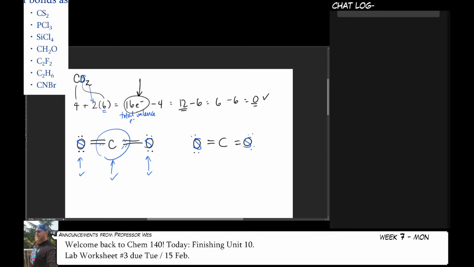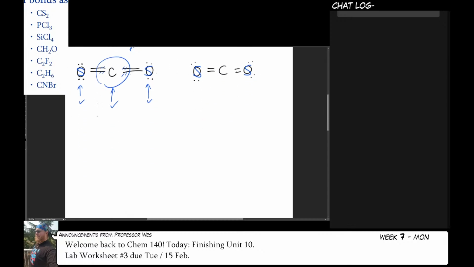It turns out that's a shortcut you can use once you get really proficient at writing these structures: if you just count the electrons, it corresponds to a specific shape, and the atoms will always conform to that. So whether I used carbon and sulfur, or carbon and oxygen, or even something like silicon and selenium, if they're all in the same columns, you get the same result. They have the same geometry. So that's kind of neat. We could just skip that over.